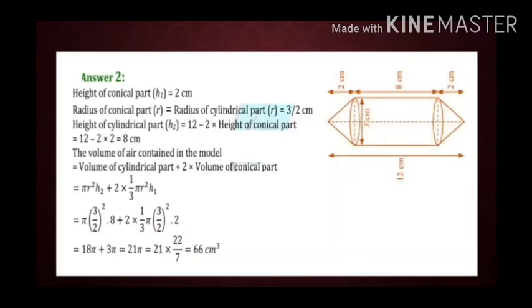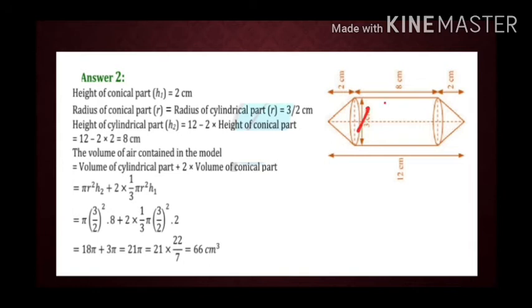Now, let us check the solution. As you can see, the height of the conical part, then the radius of the conical as well as cylindrical part, and the height of the cylinder are given as 2, 1.5 and 8 centimeter respectively. Now, you need to find the volume of air contained in this model. Obviously, the volume of the air contained in the model is equal to the volume of the whole model, and the volume of the model can be divided in 3 parts.